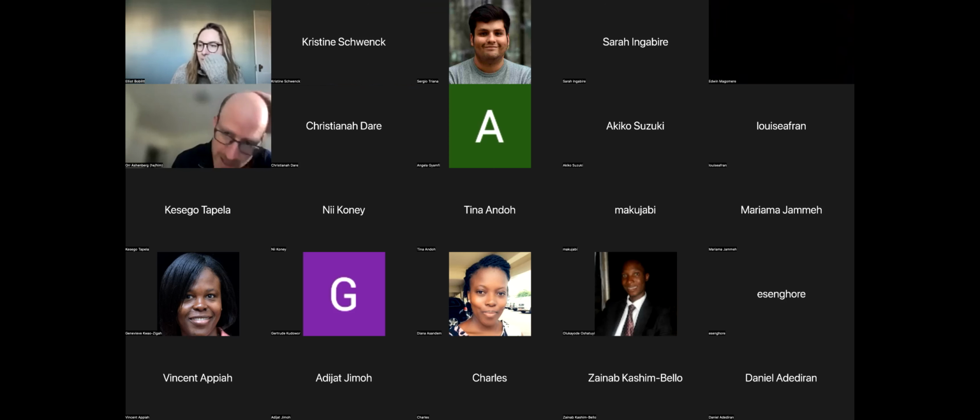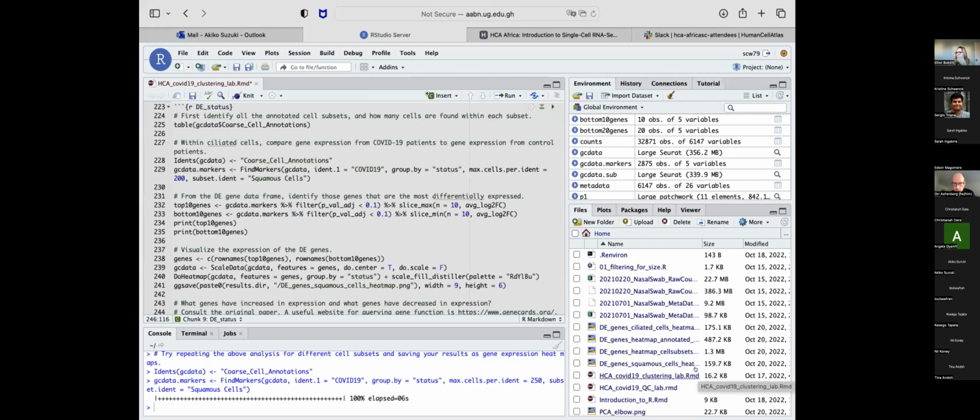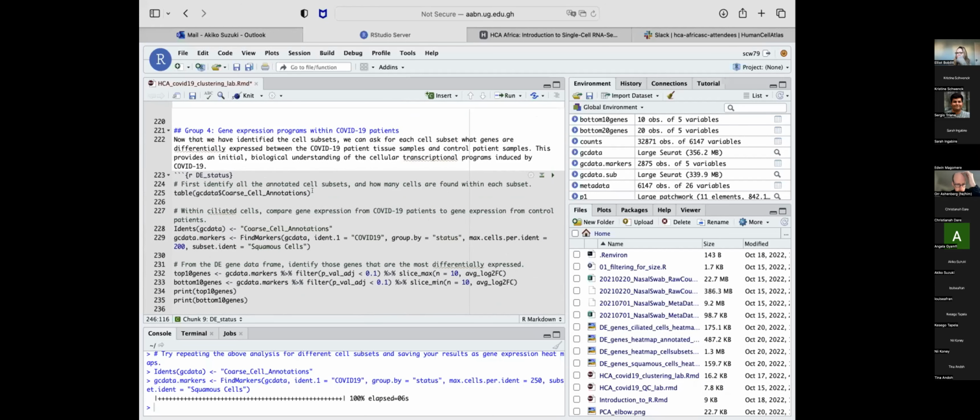I think I'm going to share code first. I'm quite new to R, but I'm going to go through some of the code. So for group 4, it's basically the results, the final stage, and then we looked at the gene expression in CD8 cells, or you can choose any cell types, between COVID-19 patients and COVID negative or uninfected people.